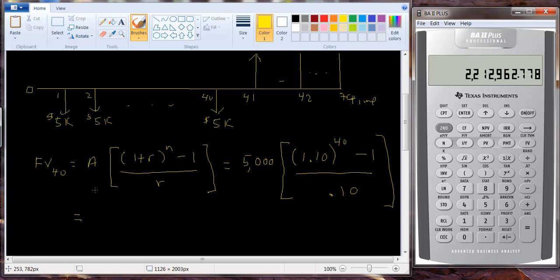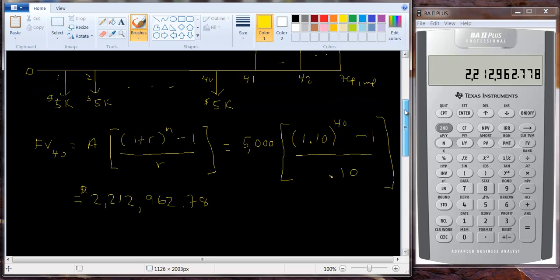And we're going to have 2,212,962.78 if you're really interested. Okay, you can ignore the 78 cents. You could just round off to 2,212,963. Sorry.